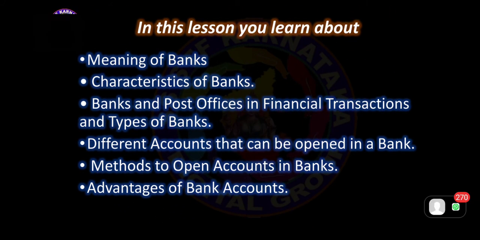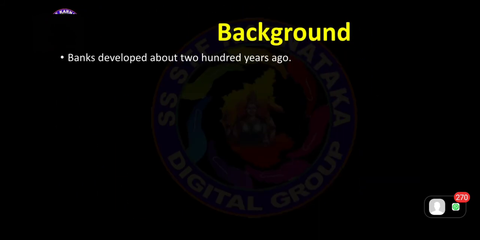First we are going to discuss the meaning of a bank, and the background of the bank is that banks developed about 200 years ago. So the background of the banking sector: when did the bank start and what was its history, everything.